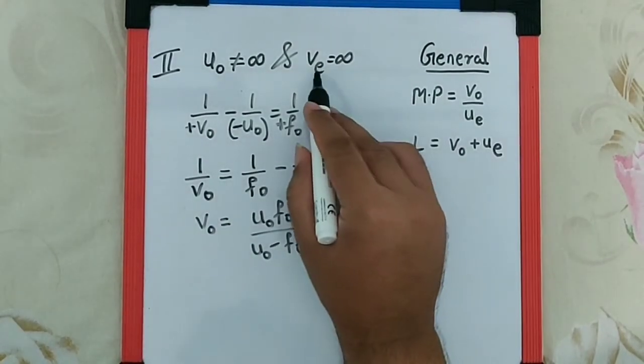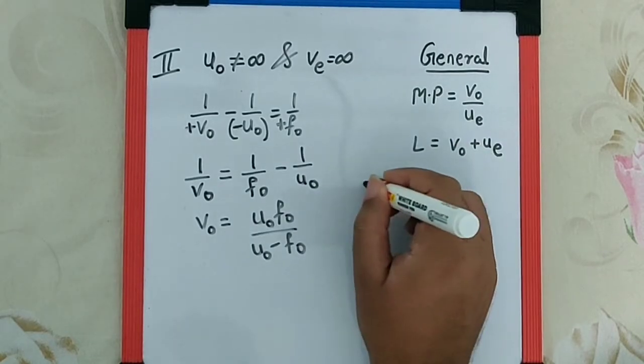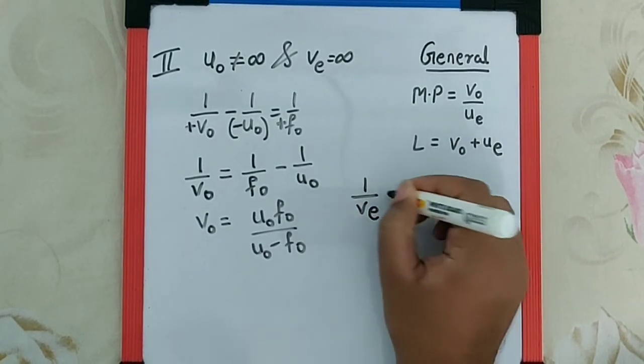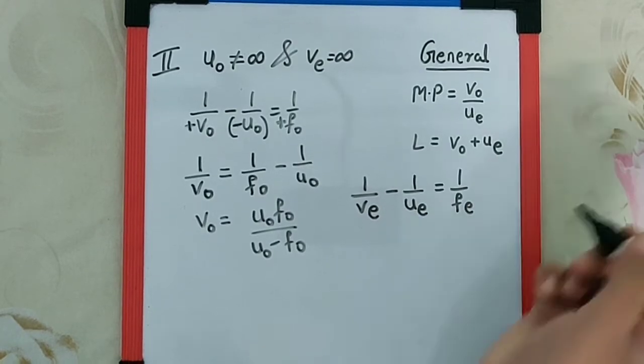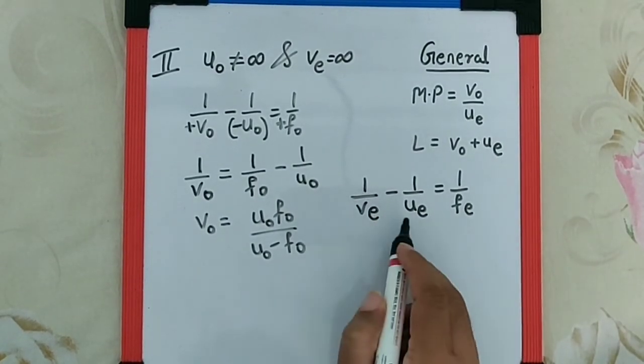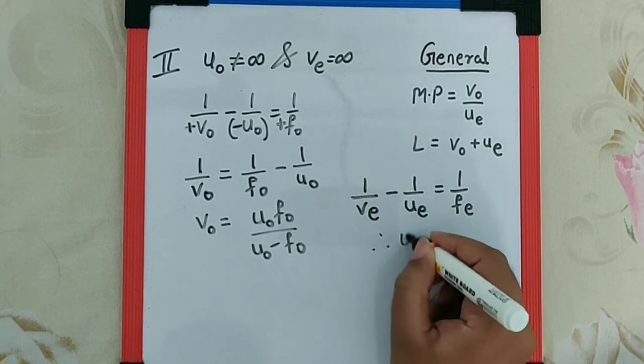At the same time, if the final image is at infinity and if we use 1 by VE minus 1 by UE equal to 1 by FE, if VE is infinity, that means UE has to be equal to FE.